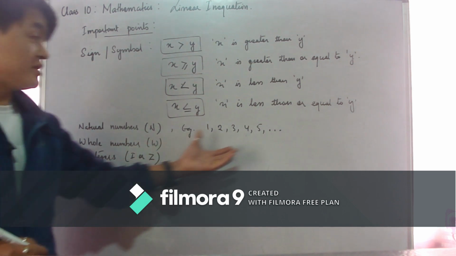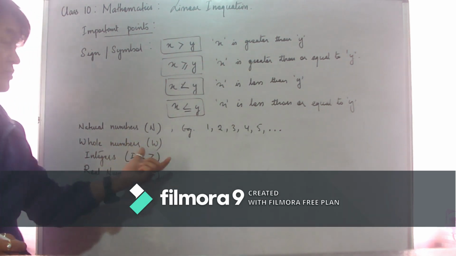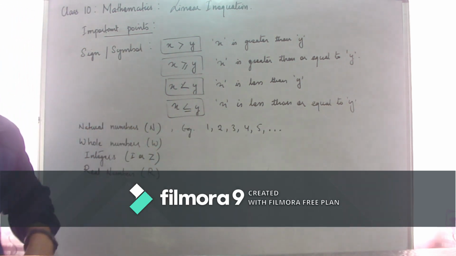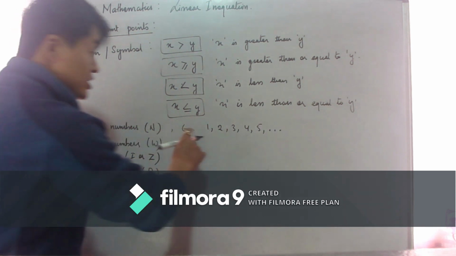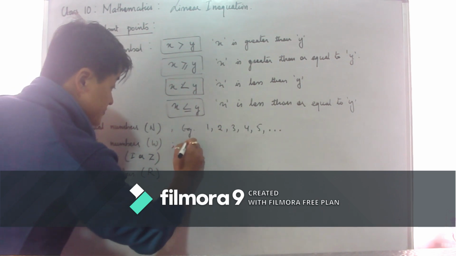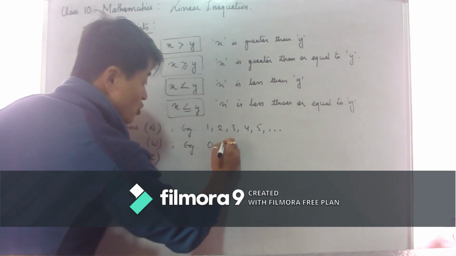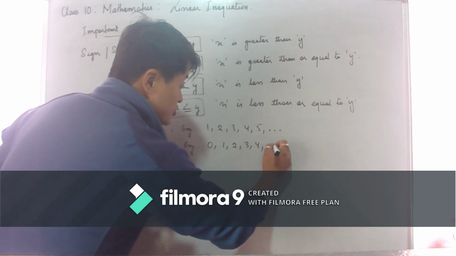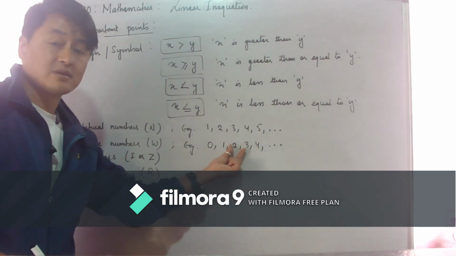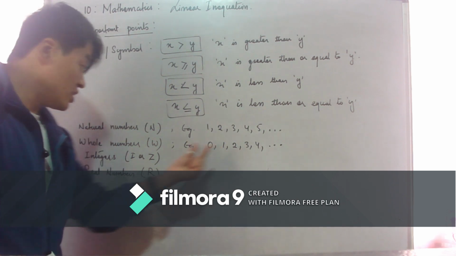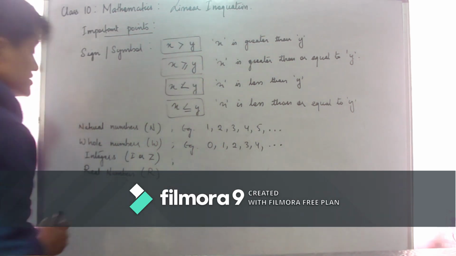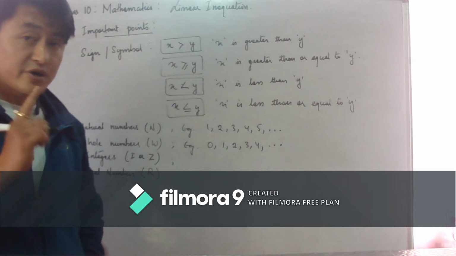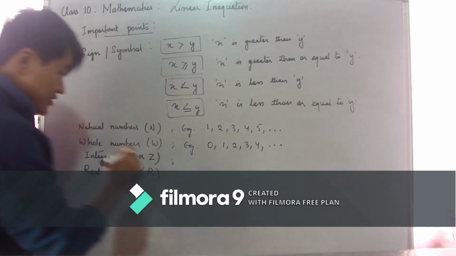The whole numbers are similar to natural numbers, not fractional again, but all the positive numbers which also contain 0: 0, 1, 2, 3, 4 and so on. When we include 0 in the natural numbers, that becomes the whole numbers. And the integers can be both negative as well as positive, but not fractional numbers.